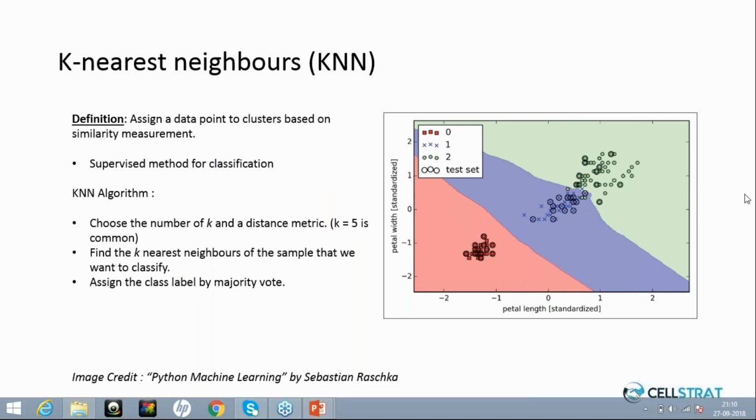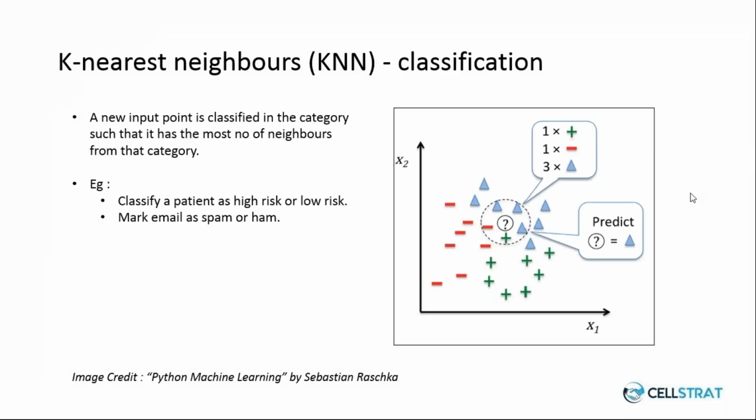Okay, any questions so far? Let me see. What happens if there are an equal number of minus, plus, star, etc.? Good question. Let me just go to the next slide and consider that. So let's assume the question mark is my test sample, and let's say k is equal to 3.